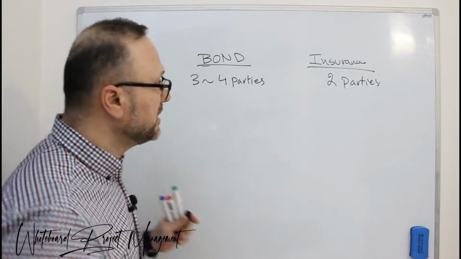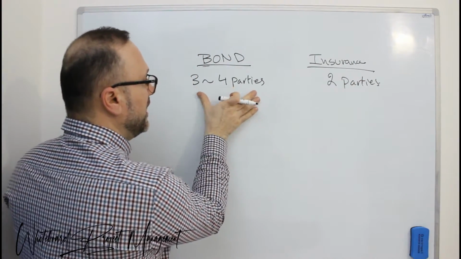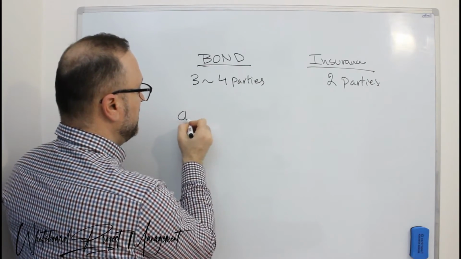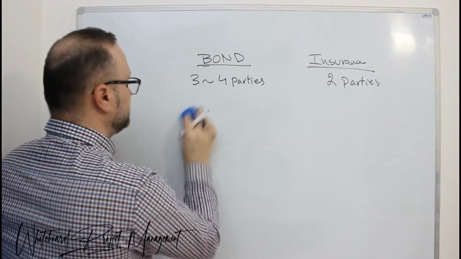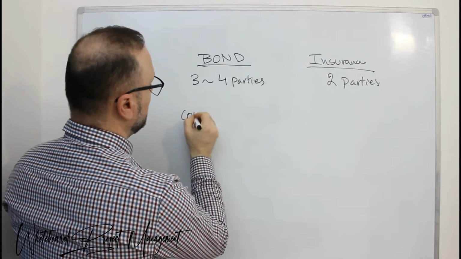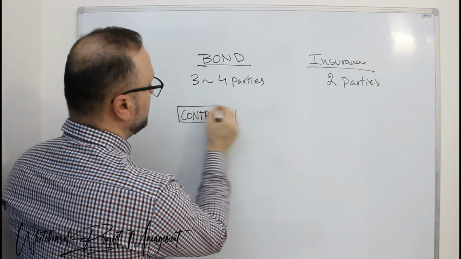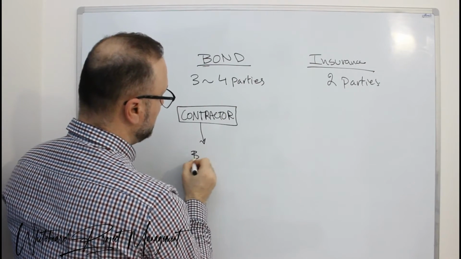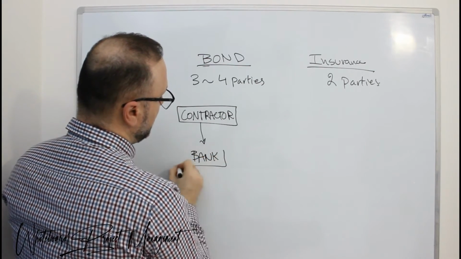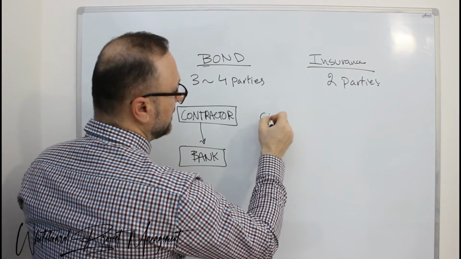I will explain what this means. In the bond, we have the contractor, we have the bank, and we have the client.